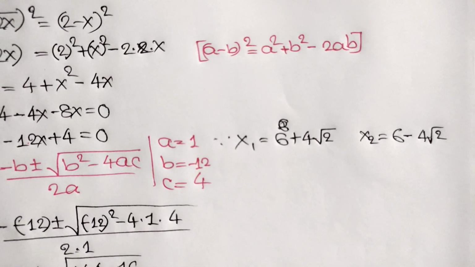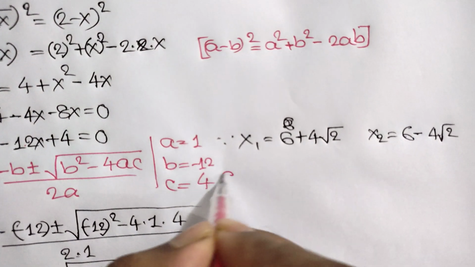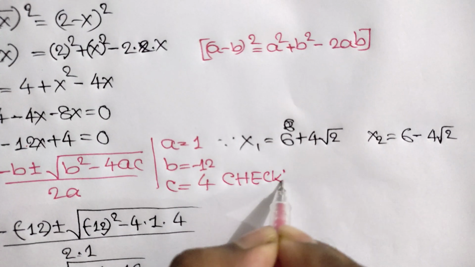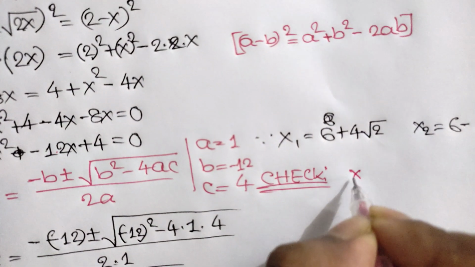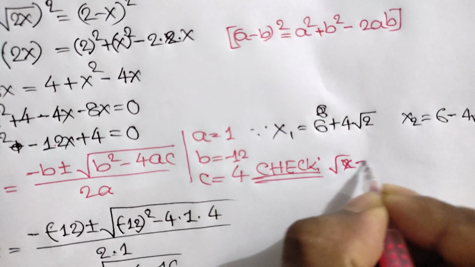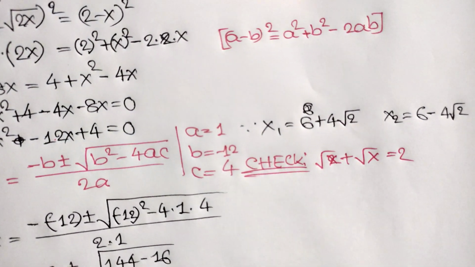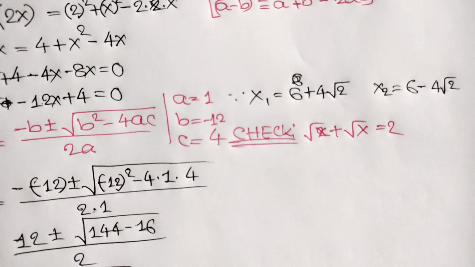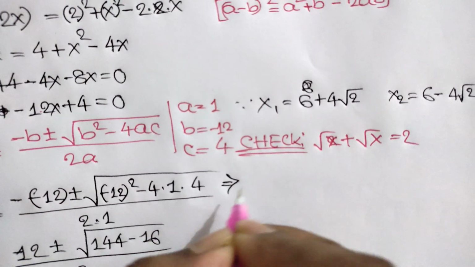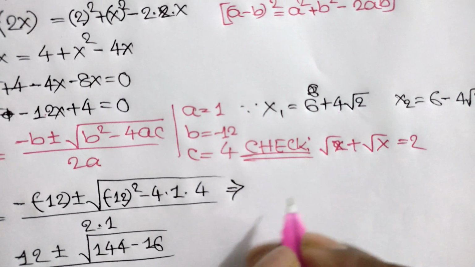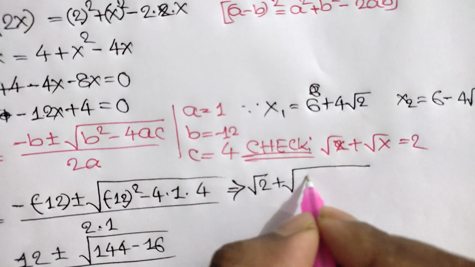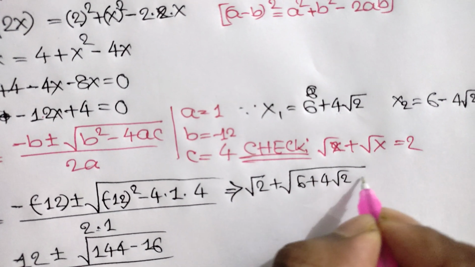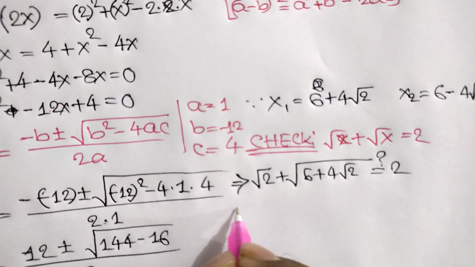Now the question has given square root of 2 plus square root of x is equal to 2. Here x is equal to 6 plus 4 square root of 2, so we can write square root of 2 plus square root of 6 plus 4 square root of 2, is it equal to 2?